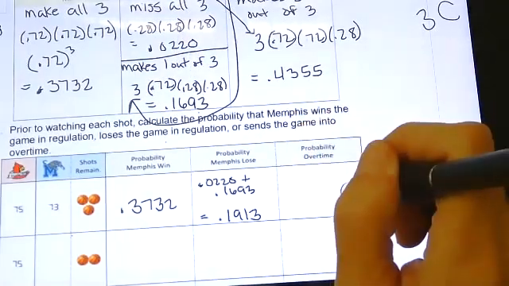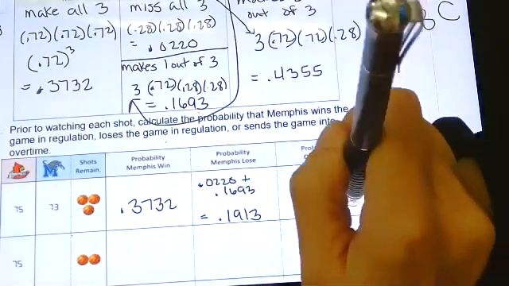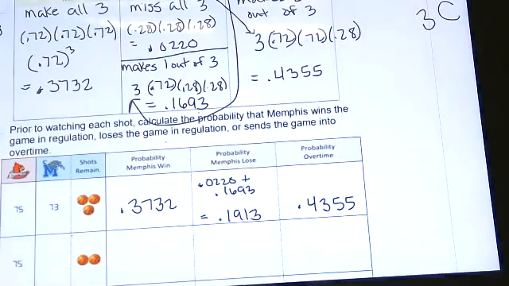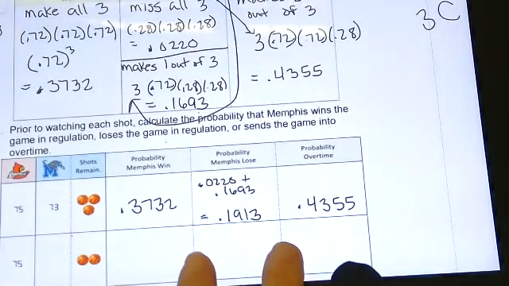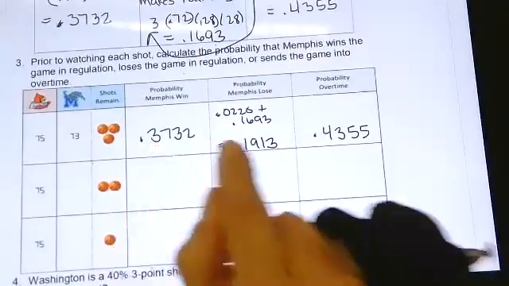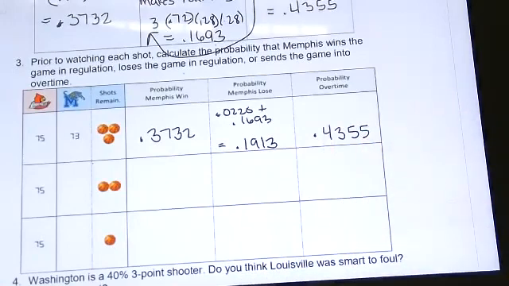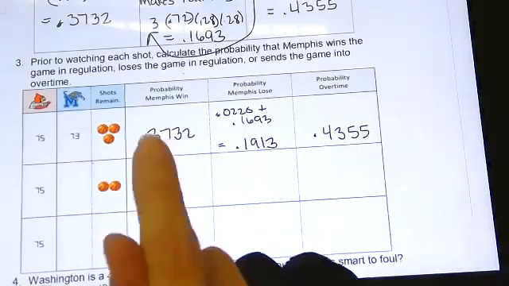Probability of overtime is the 0.4355. Okay, so that's what the game looks like as soon as they foul him. As soon as he's fouled, Memphis has a 37% chance of winning, 19% chance of losing, and a 43% chance of forcing overtime.